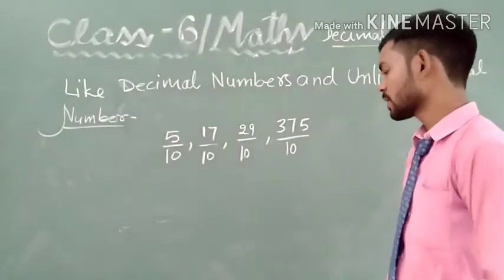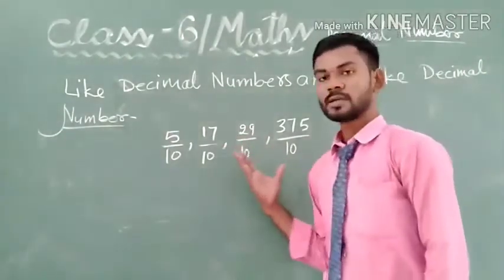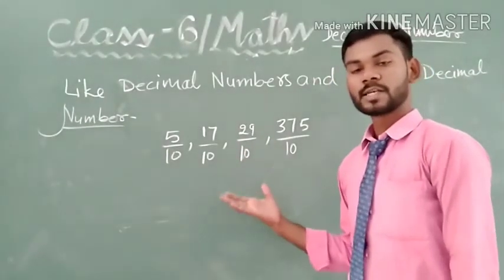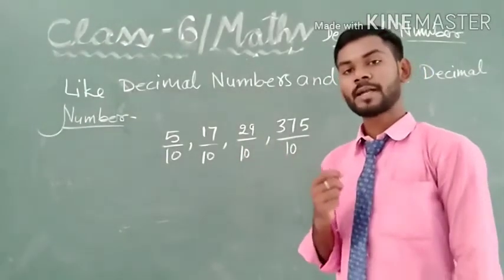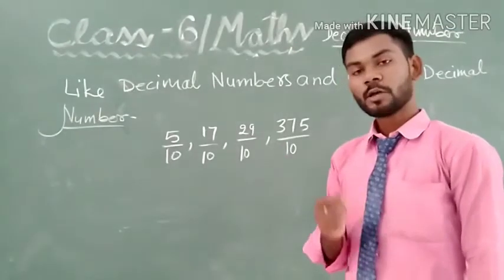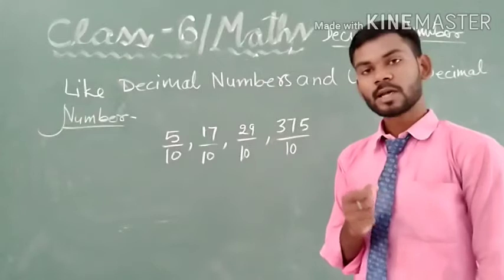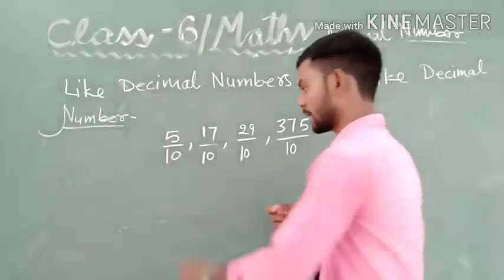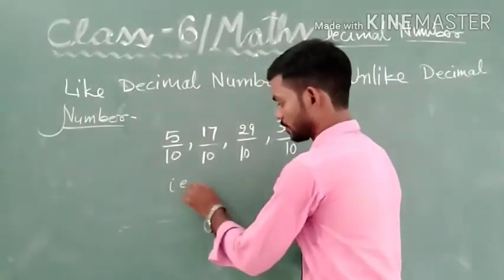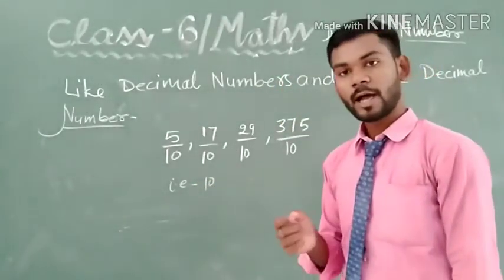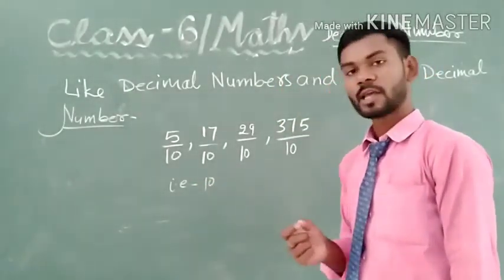So here we can see that these are the decimal fractions. And one most important thing, you can see that the denominator of all the fractions is the same, and that is 10.